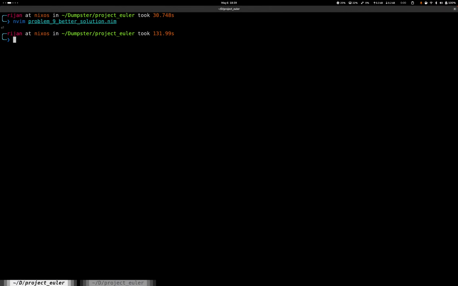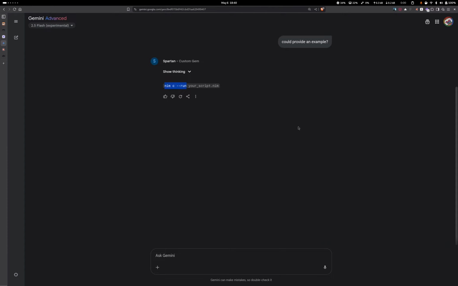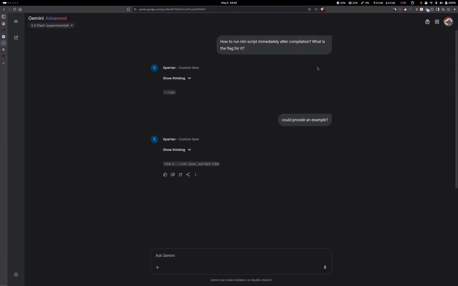So, unless I am hilariously wrong, we should be able to run it. Something I learned from a Good Samaritan is that apparently you can run a nim script while you compile it.